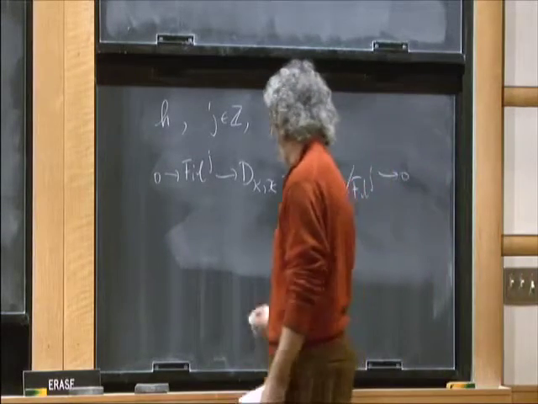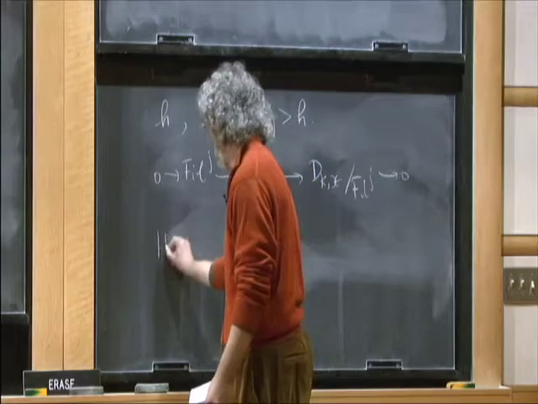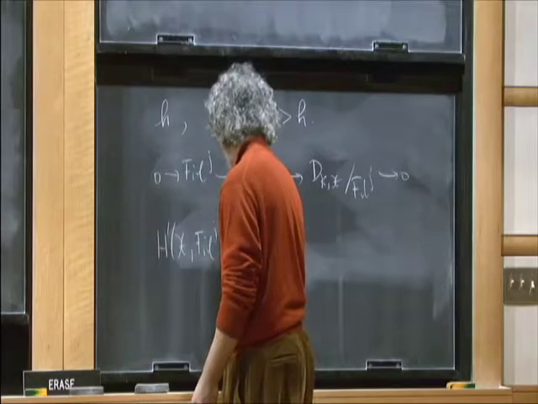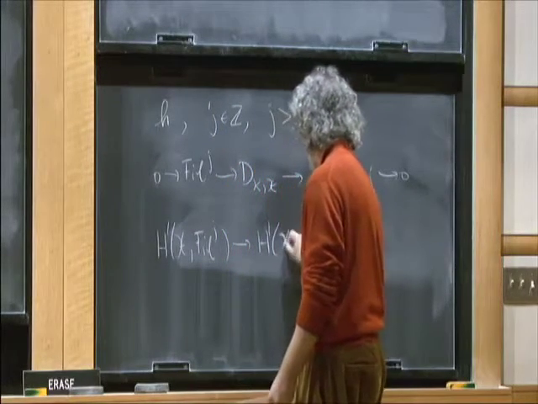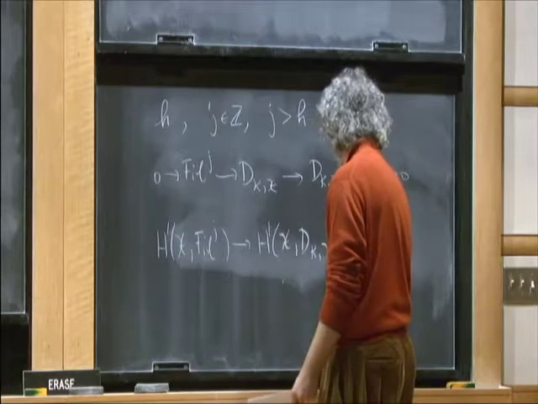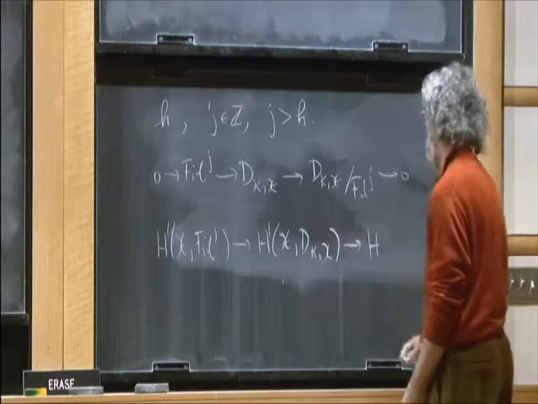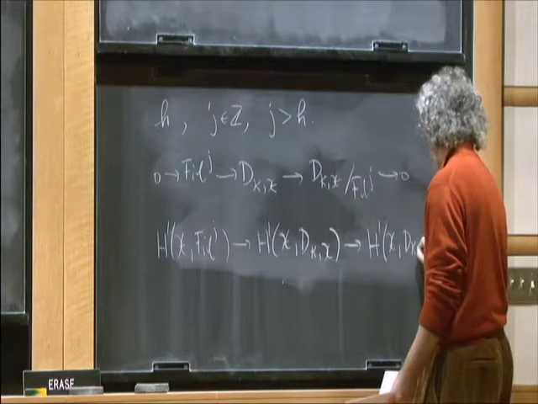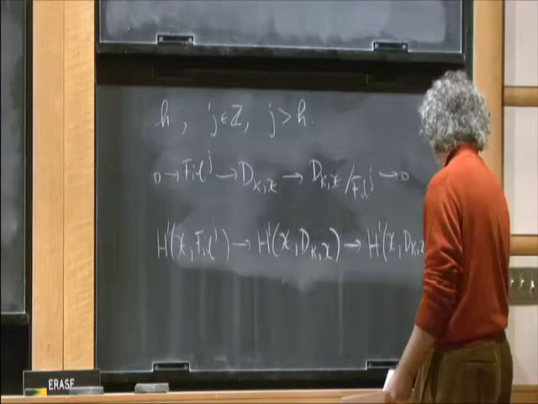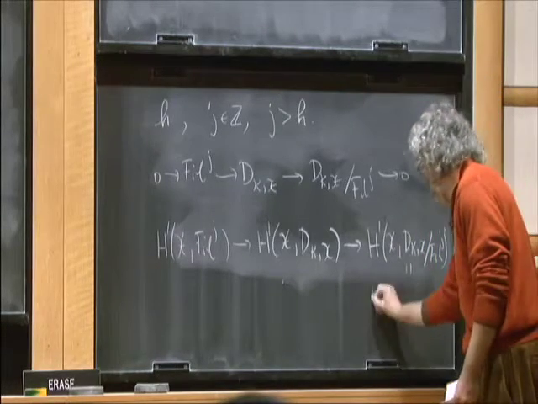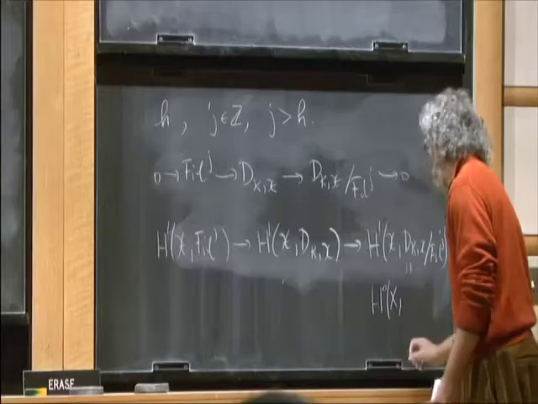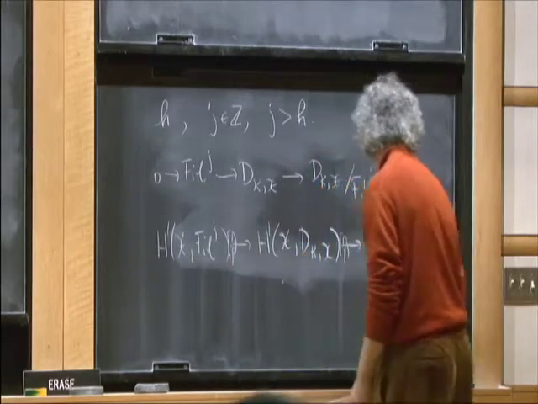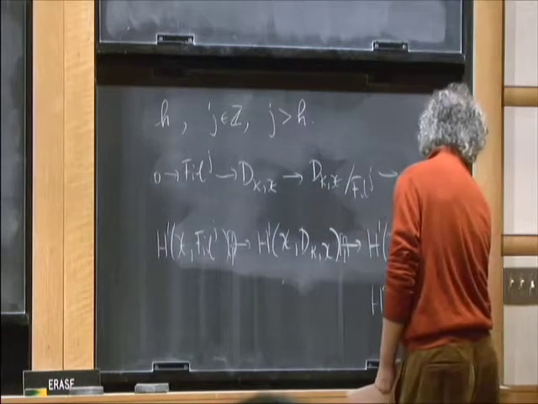And let me just write the relevant part of the long exact cohomology sequence. So these are overconvergent modular forms. I have to invert P all the time, even here.